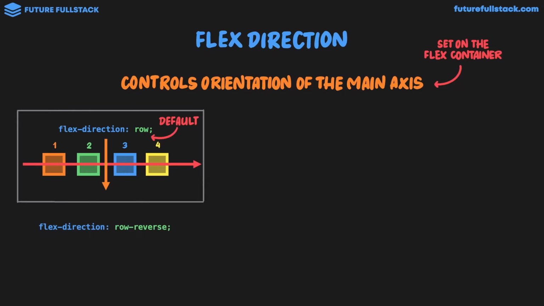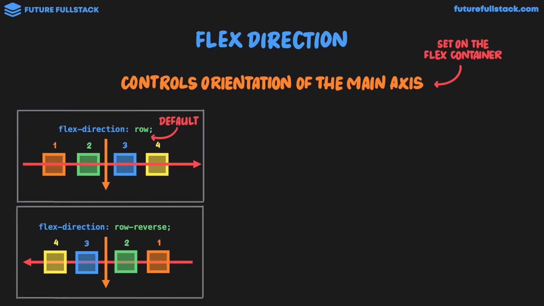And as the name suggests, this essentially flips the main axis. So instead of going from left to right, it's now going from right to left, with the cross axis still going down. So now our flex items would be positioned like this: 1, 2, 3, and 4. The flex items are going from right to left. So row and row-reverse are complete opposites of each other.